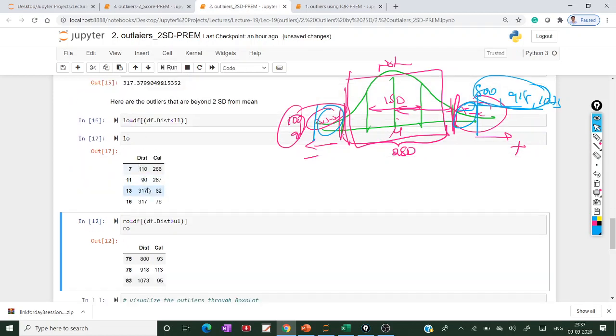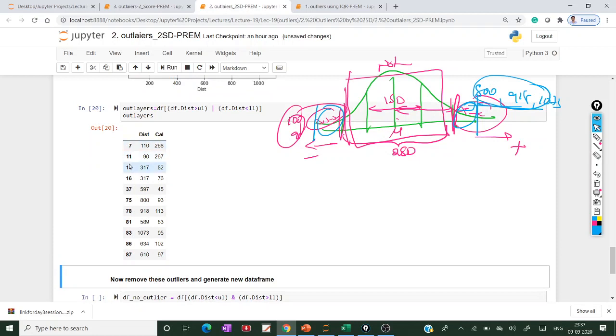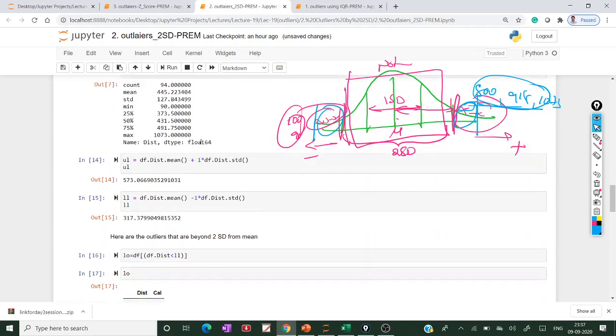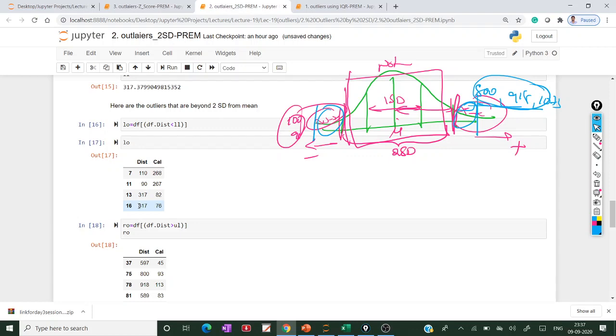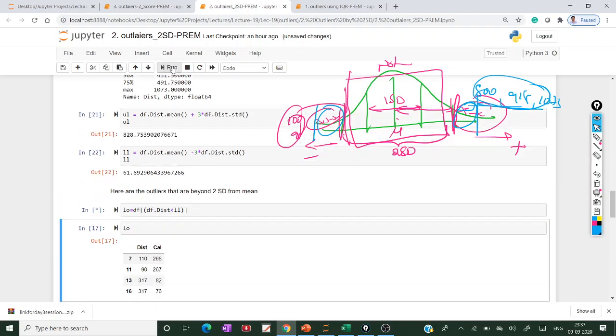See how many are on the left-hand side: 1 2 3 4 5 6 7 8 9 10 11. So 11 outliers exist if I am using the one standard deviation. If I use the one standard deviation, you get more outliers. Most of the time people use the third standard deviation, and according to our problem statement and dataset, we are supposed to use the third standard deviation.